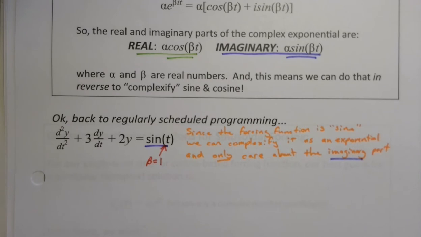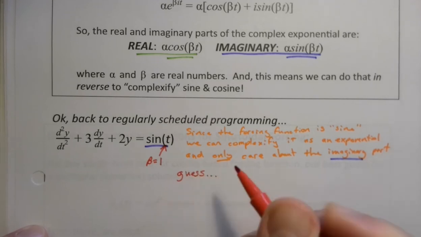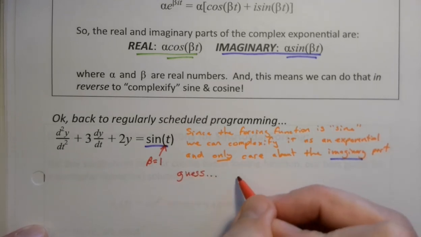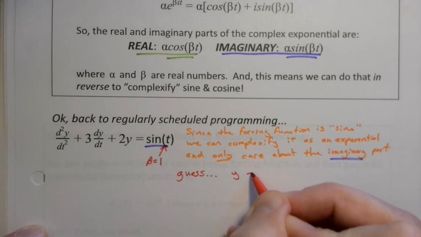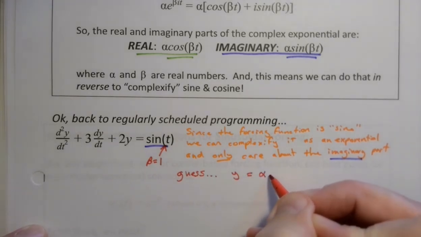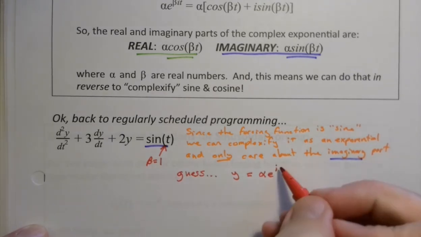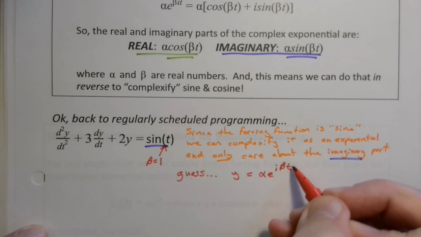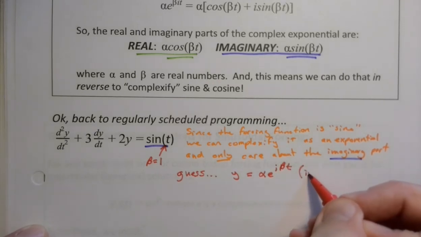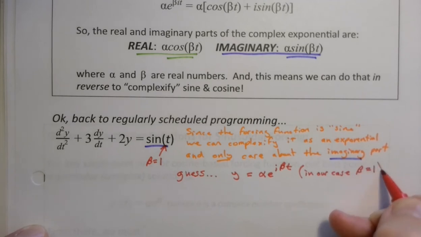So what we can do is guess that our solution is going to look something like y equals alpha e to the I times beta, which in this case is 1, times t. And I'm going to say in our case beta is equal to 1.